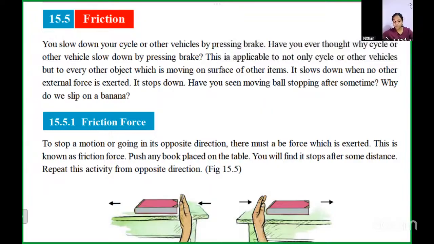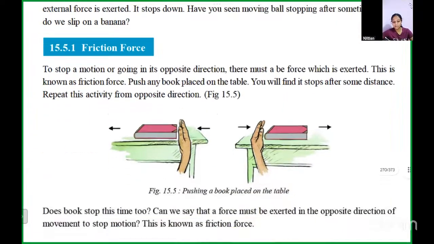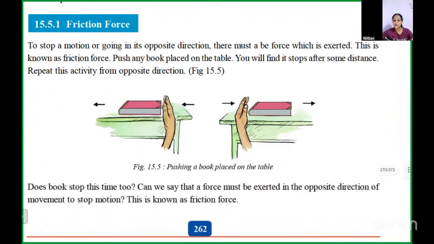Right? Now, when one object is moving on a surface of another object, there is a force at work between them, which is known as friction. To stop a motion or to go in the opposite direction, there must be a force which is exerted.